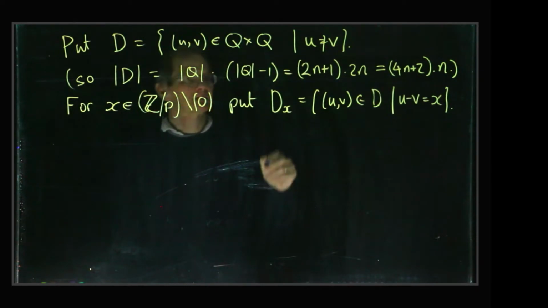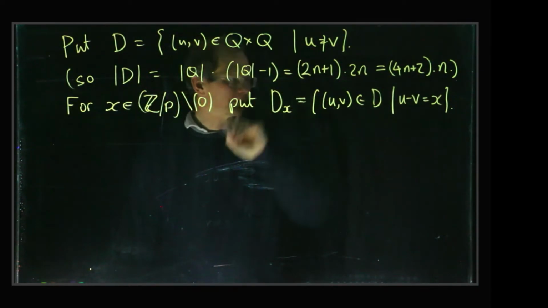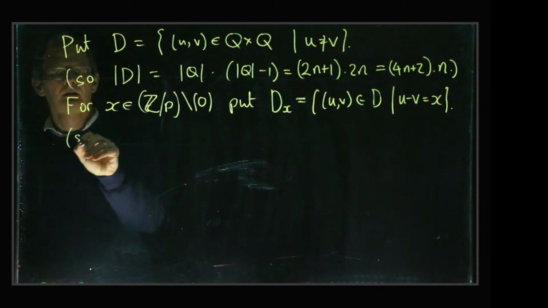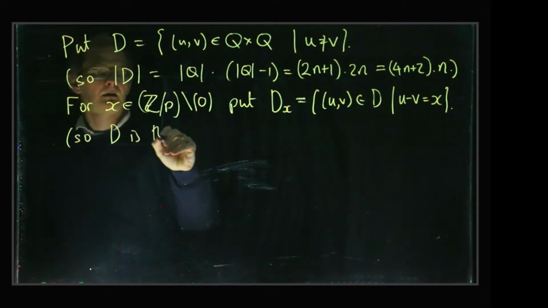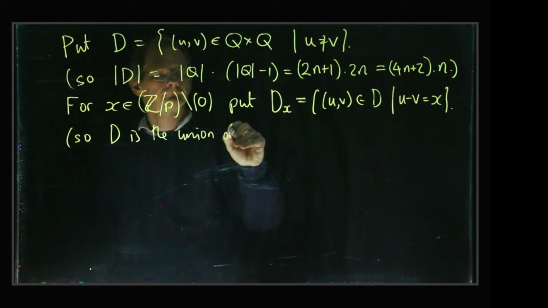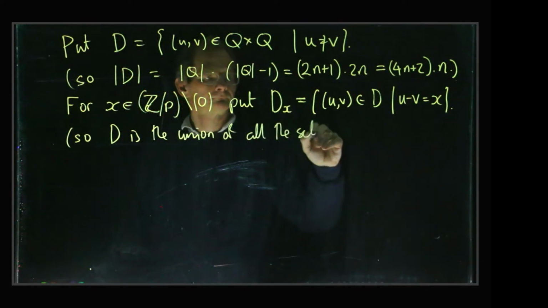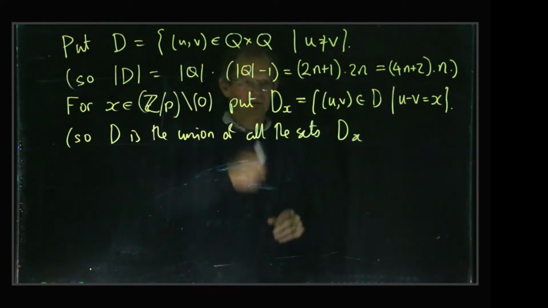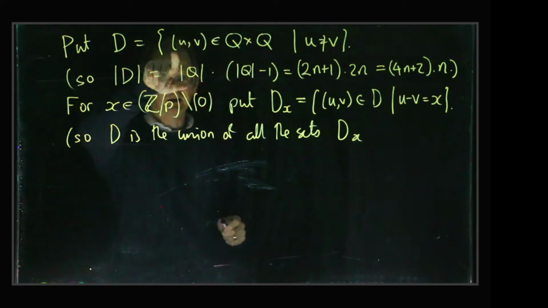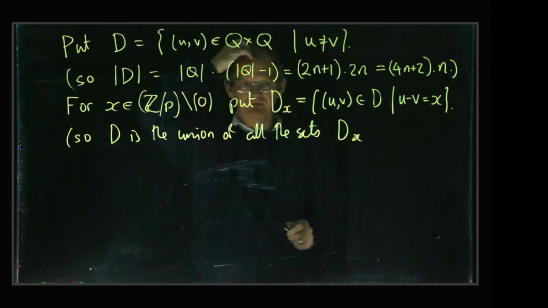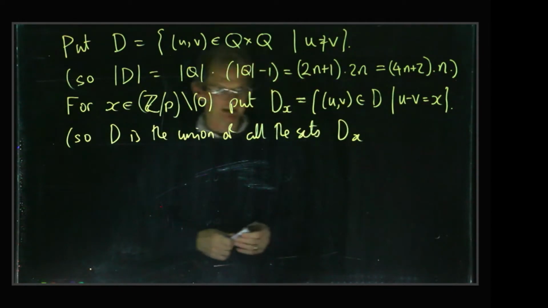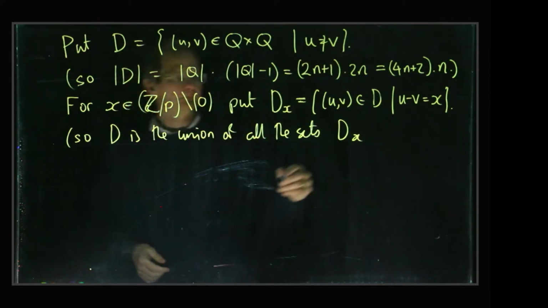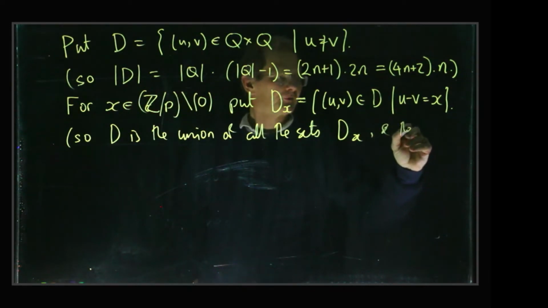So this set D_x is a subset of D. Of course, you look at any (u, v) in D, u and v are different, so u minus v is going to be some non-zero element of Z mod p. So this pair (u, v) lies in one of these sets D_x, and of course these are disjoint.